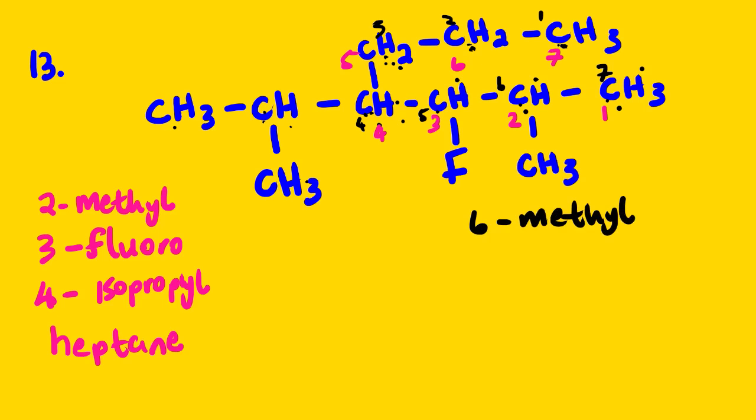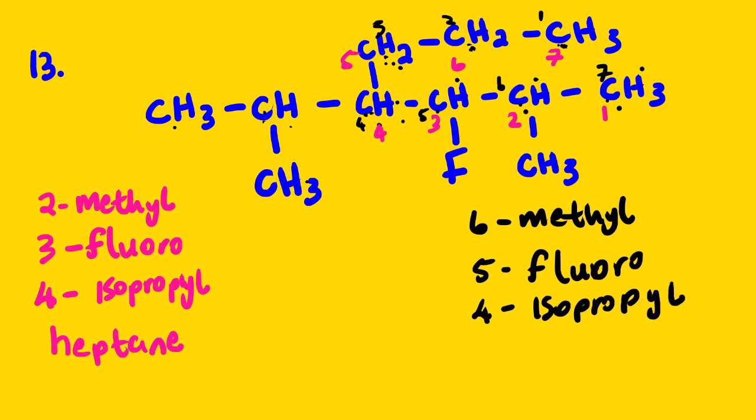And then on carbon number 5 we have fluoro. On carbon number 4 we have our isopropyl. So comparing these numbers, we can see that we are going to go with the pink one because it contains the smallest numbers.